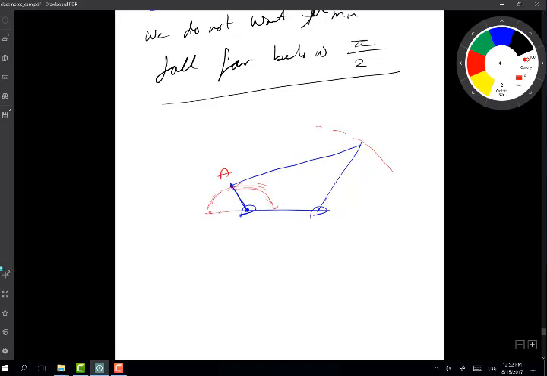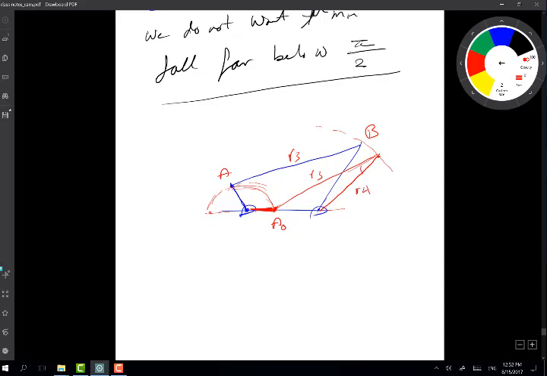If this is point A and point B, this is R3, and this will be R4.